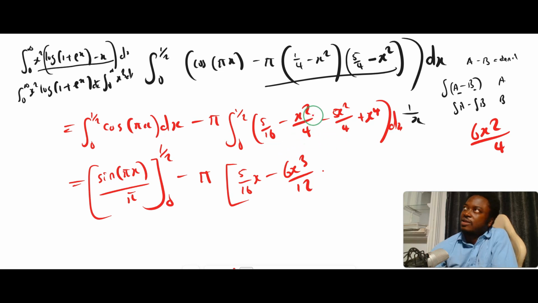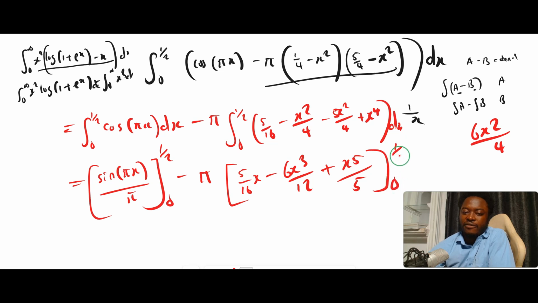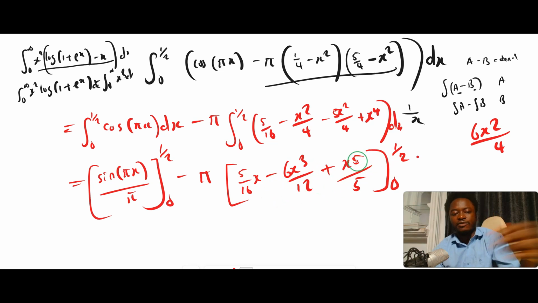Then plus x to the 5th over 5, from 0 to half. The good thing is that all of them vanish at 0, so we only have to worry about the halves.